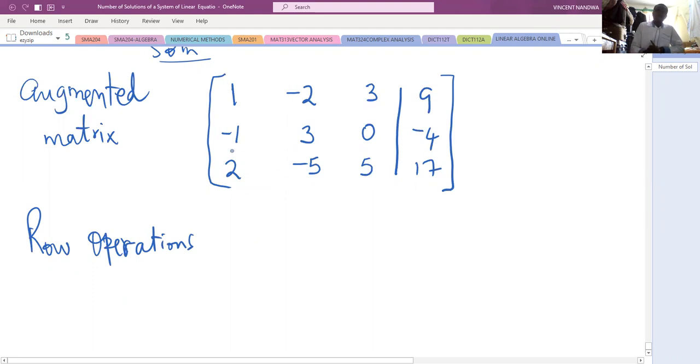So we have 1, minus 2, 3, and then 9; minus 1, 3, 0, minus 4; 2, minus 5, 5, and then 17.